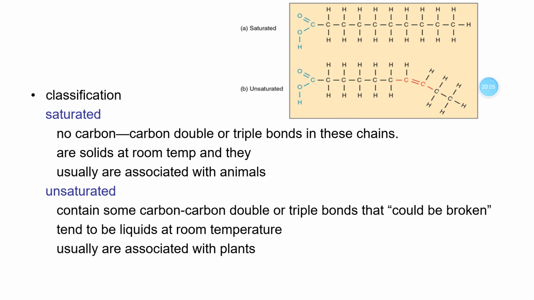And this is what the unsaturated lipid looks like. Because there is a double bond between the carbon atoms, it could be bent. So it is fluid at room temperature, and they are usually associated with plants.